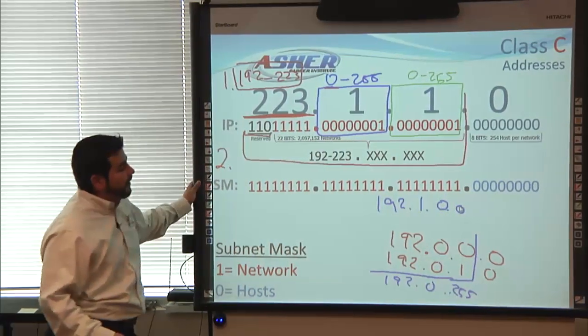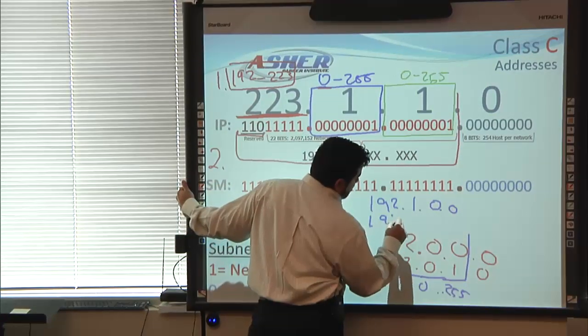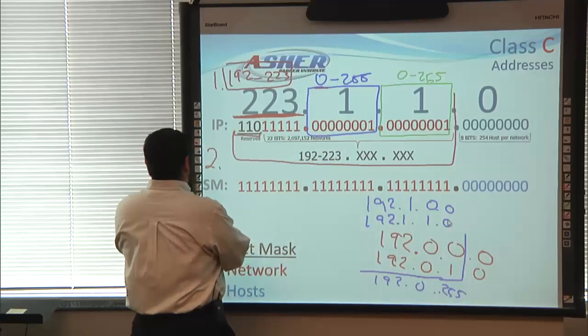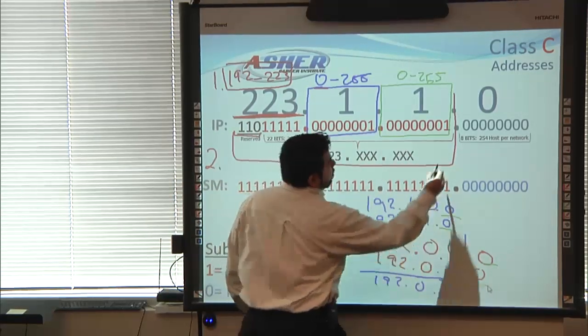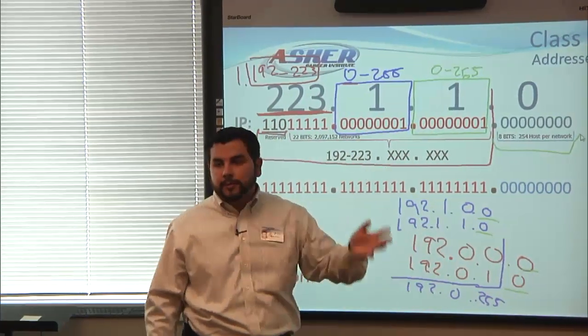What would be the very next IP address after that? 192.1.1.0, right? And remember, only the very last one would be for host. So we only have 1 octet for host. So how many hosts can I possibly have?